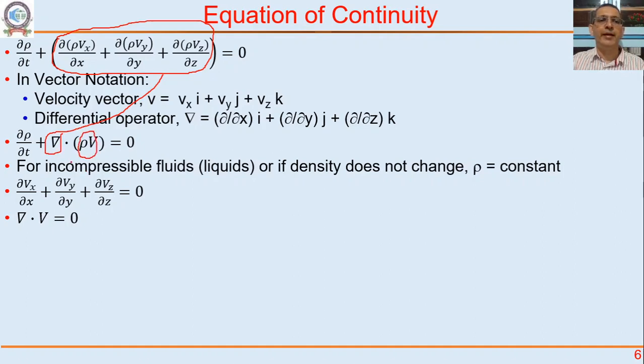It's like a dot product, if you want, of this operator and this vector. The operator is a vector, it is in all three directions, that's why it is an operator. And del rho by del t as it is.